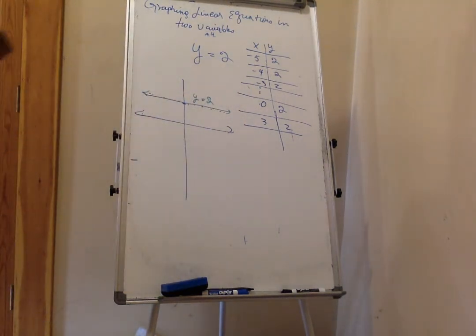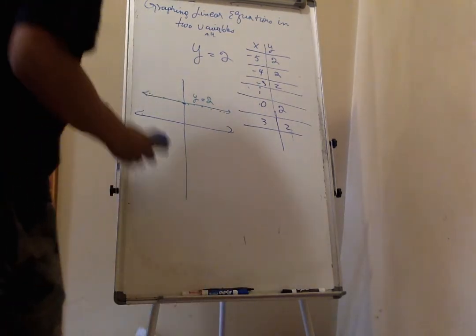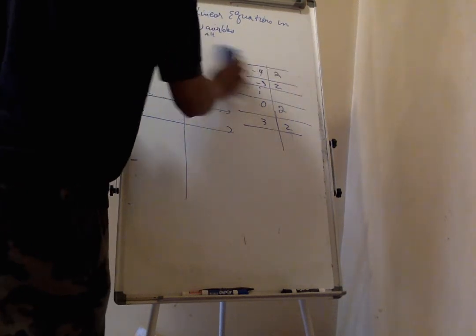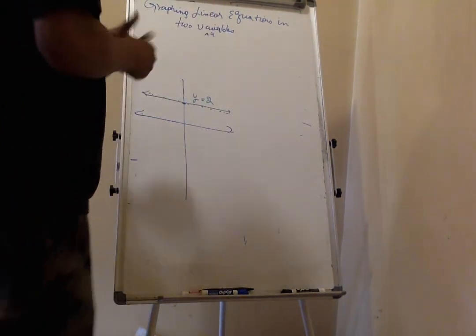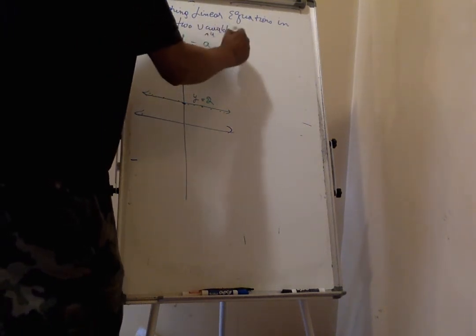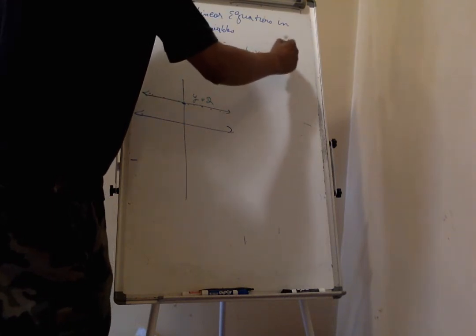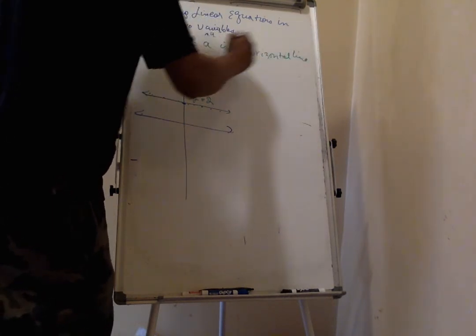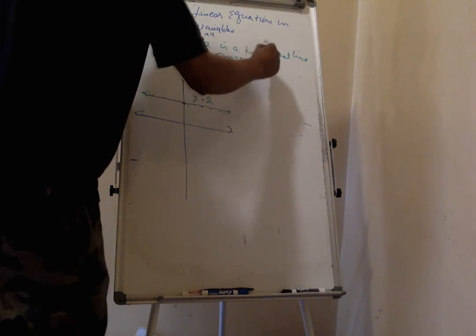In fact, we might as well define this in general. y is equal to a is a horizontal line crossing a. That's it.